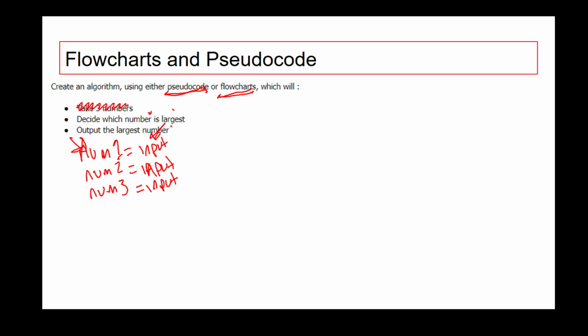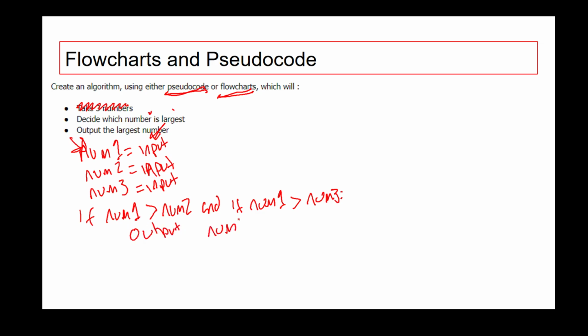Decide which of the numbers is largest. So then we've got to do some if statements. So we're going to say if num1 is greater than num2 and if num1 greater than num3, output num1.